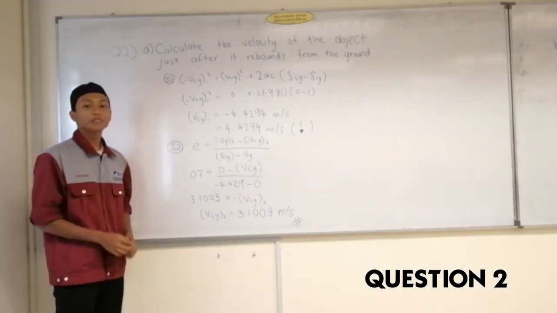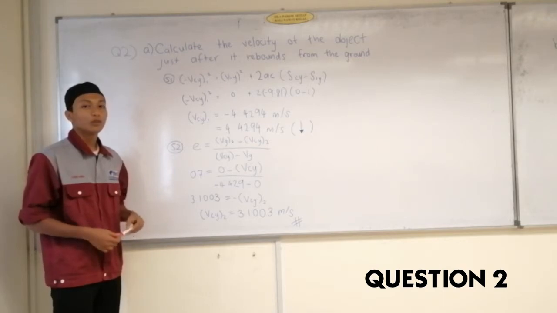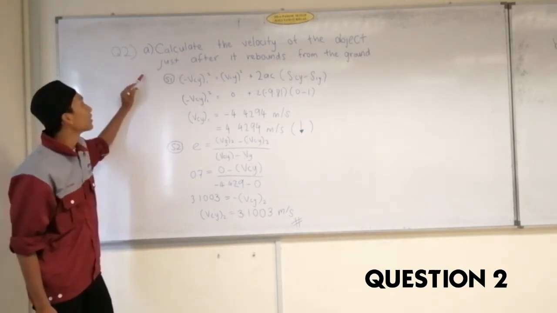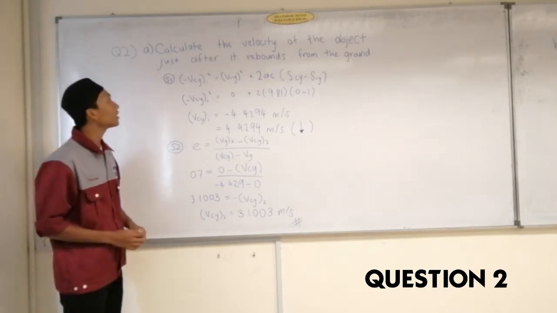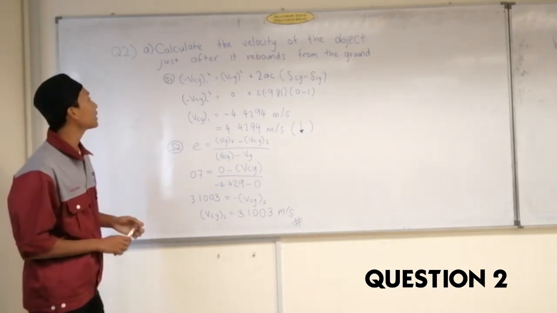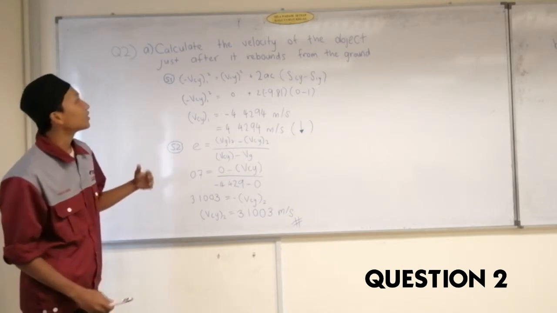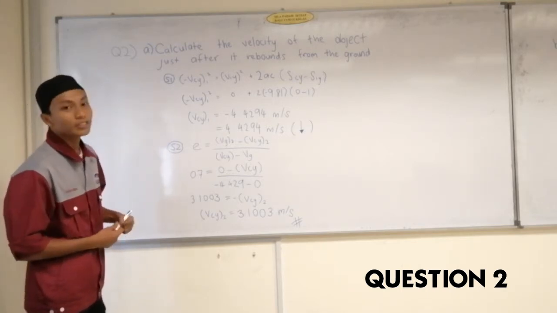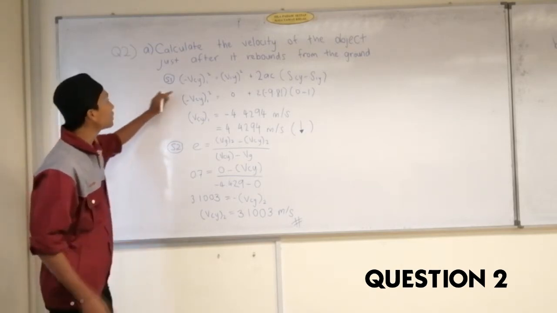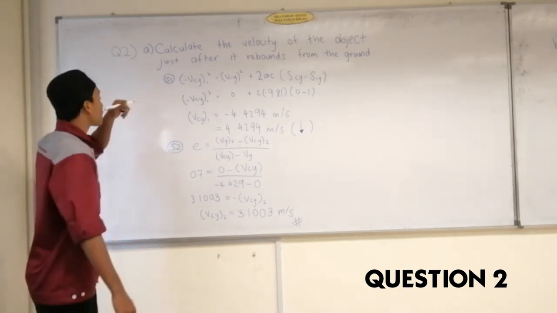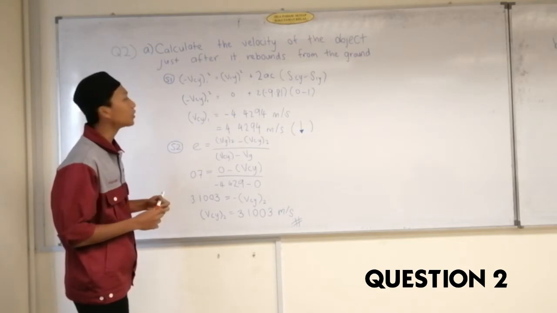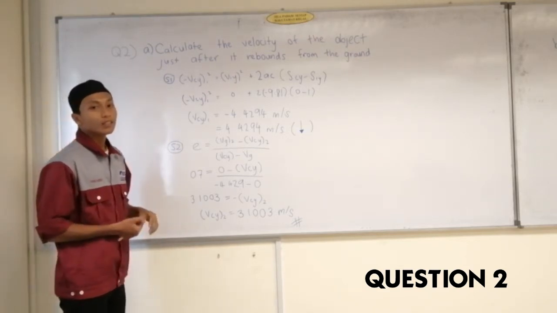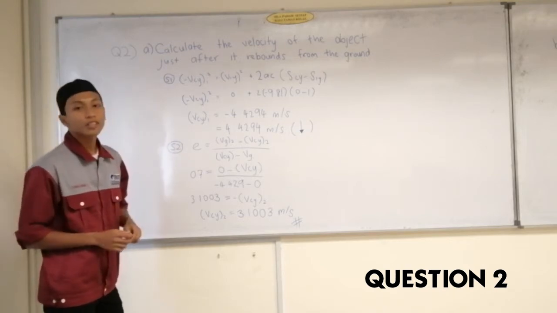Hi, my name is Farsi Malvin Mamano. I will continue with question 2A. The question asks to calculate the velocity of the object just after it rebounds from the ground. First, step 1, we use this equation: negative VCY squared equal to V1Y squared plus 2AC times SCY minus S1Y.